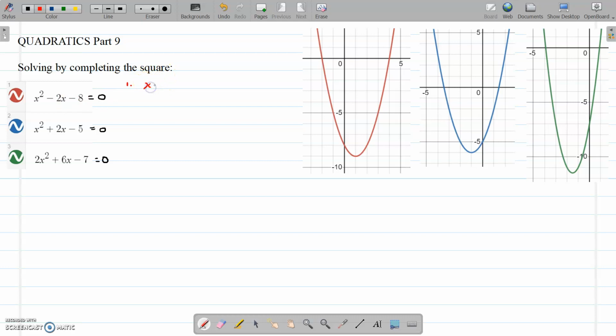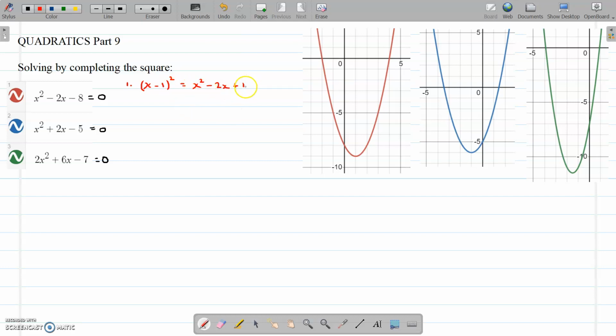So I'm doing the perfect square of x minus 1. And I'm finding that that gives me x squared minus 2x plus 1. Now, of course, I was expecting the x squared and the minus 2x. That's why I did it.